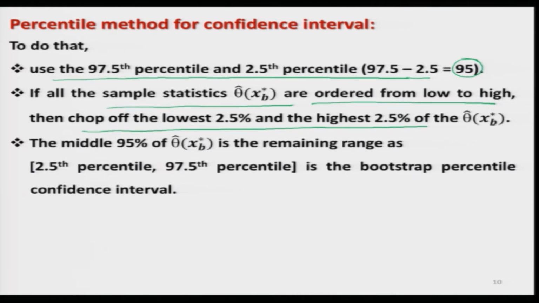Whatever is the middle 95% of values will be 95% of the total area, and the 2.5th percentile and 97.5th percentile will give us the lower and upper limit of the bootstrap percentile confidence interval.